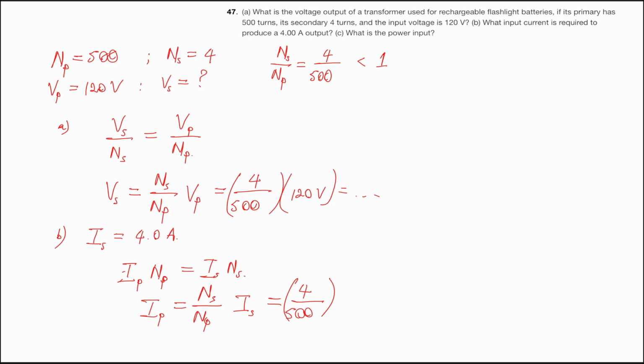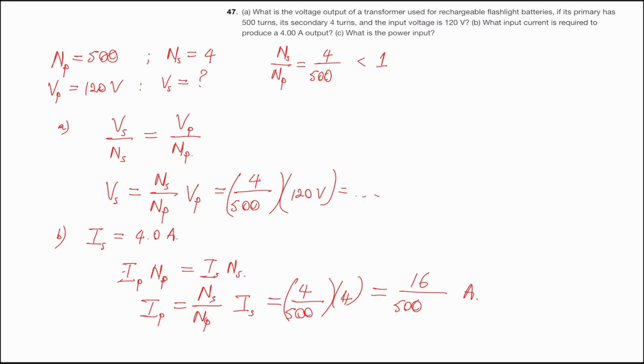Oh, that's interesting. Coincidentally, okay. Then we end up with 16 over 500 amperes. So as you will see again, if you're welcome to check this out, this number here is less than 4 amperes.